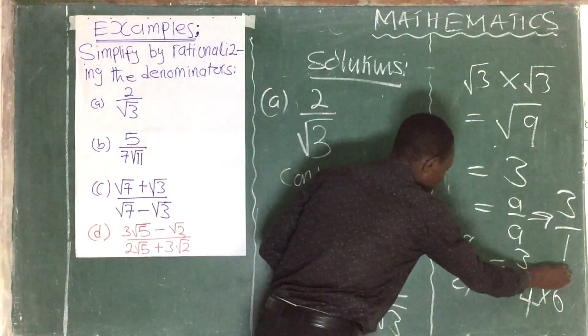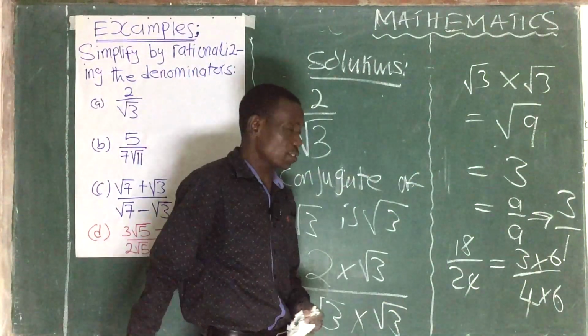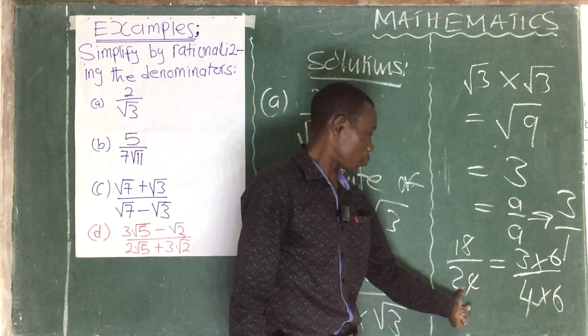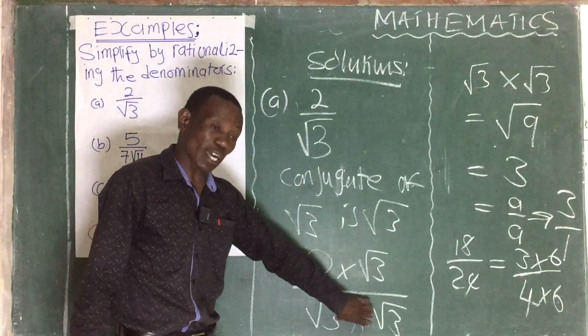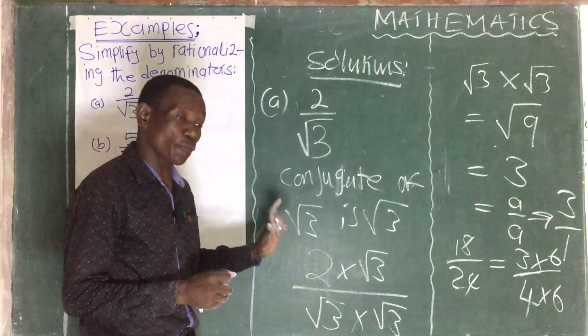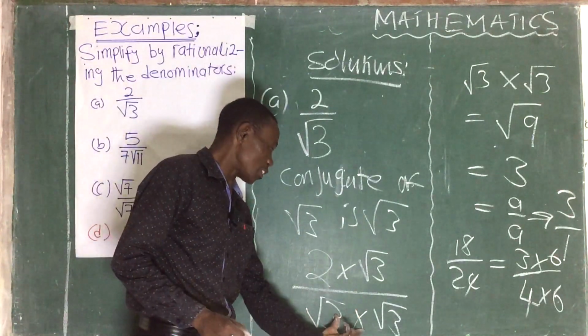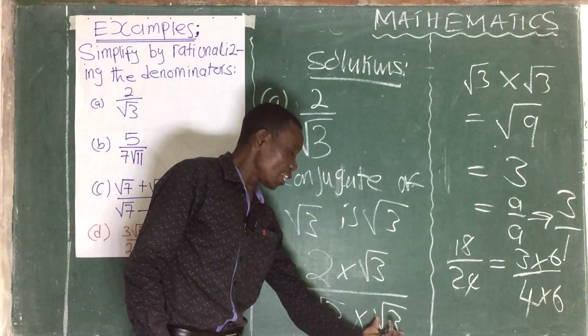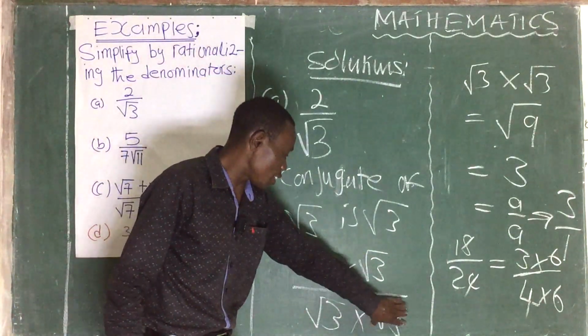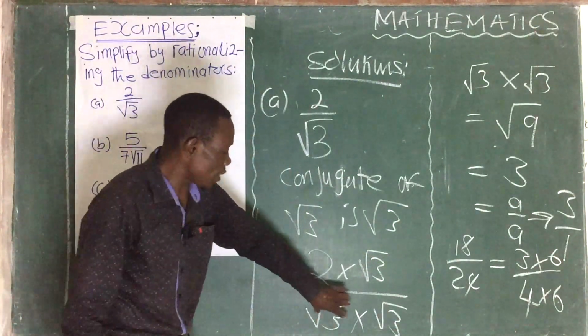But I still also have to multiply the numerator by what? By a 6. So it will be 6 times 3 is 18, 6 times 4 is what? 24. So here we are targeting the denominator, but still more, remember to observe the principles of the fraction. When you tamper with the denominator by multiplying by a certain term, you should also do the same on the top. So that's why here we're multiplying the denominator by its conjugate.